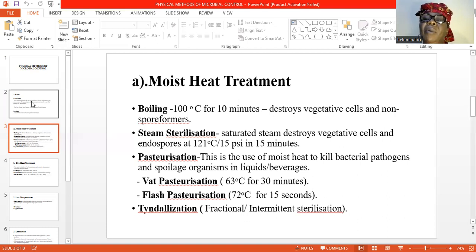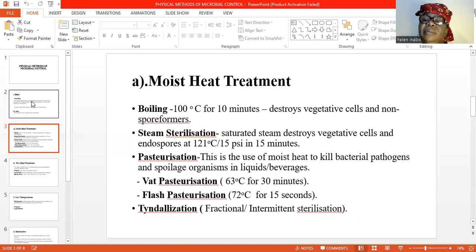Another type of application of moist heat treatment is pasteurization. This is the use of moist heat to kill bacteria, pathogens, and spoilage organisms in liquids and beverages. Louis Pasteur is known to have developed the process known as pasteurization today. It was observed that the French wine industry had problems increasing the shelf life of wine that was produced.